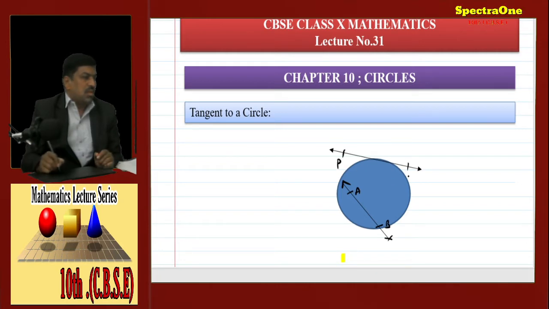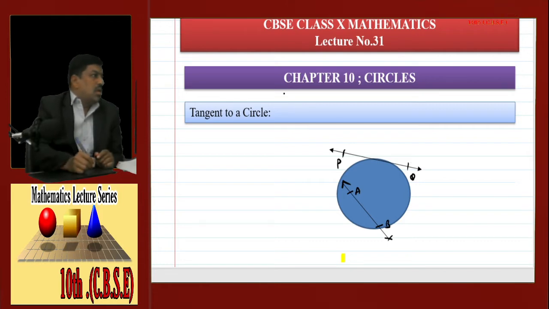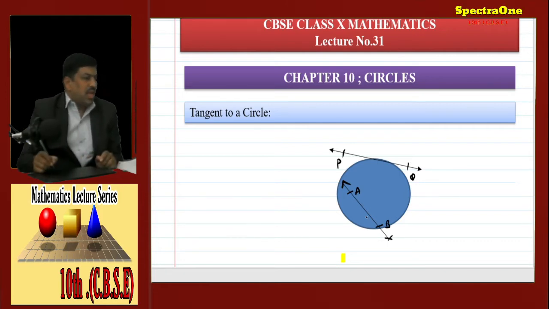This is PQ. If you observe, line AB is passing through the circle, means it is through the internal part of the circle.